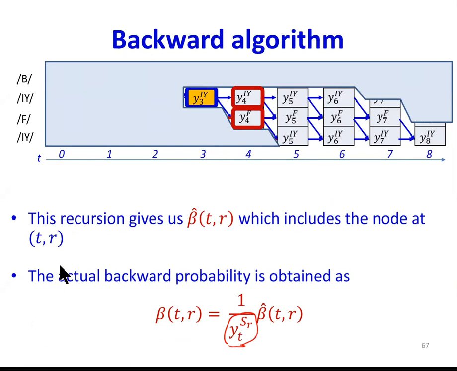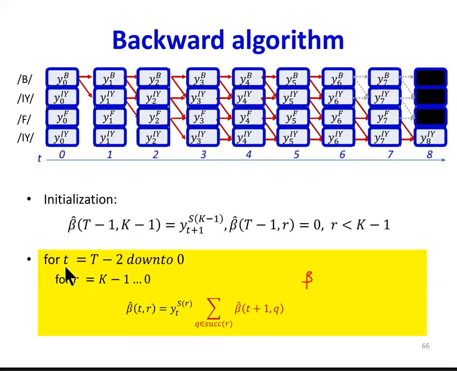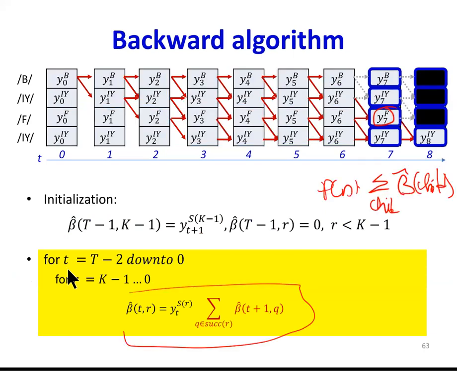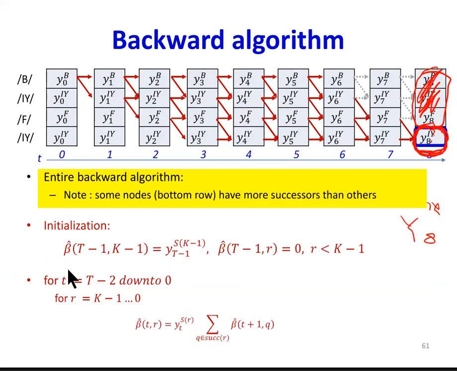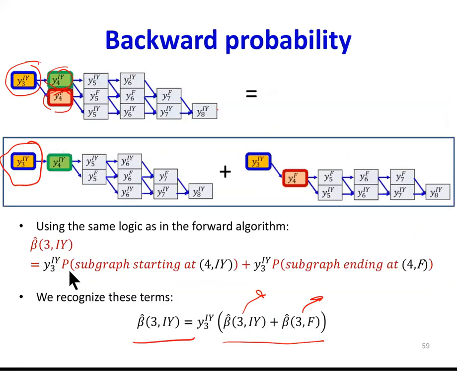Professor, can you turn back to slide 59? Sorry, I'm a little bit confused about why the first P is the subgraph starting at 4E and the second one is the subgraph ending at 4F.